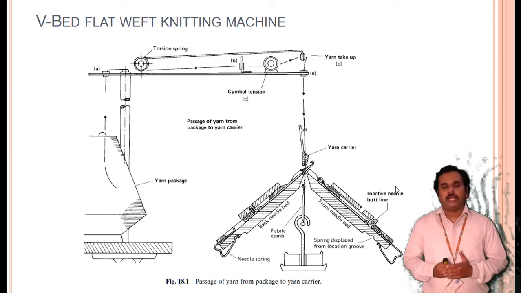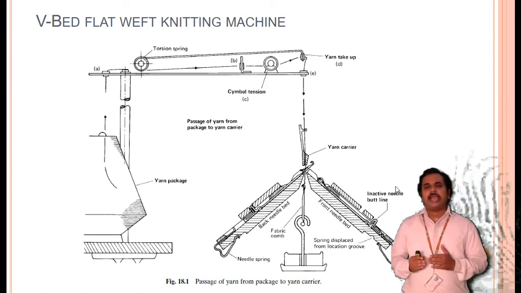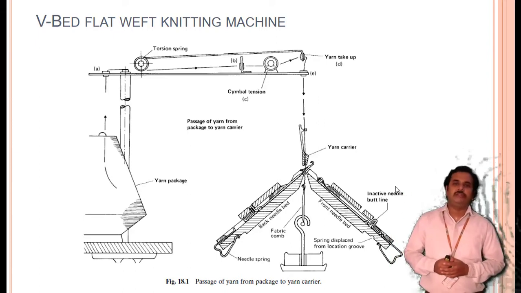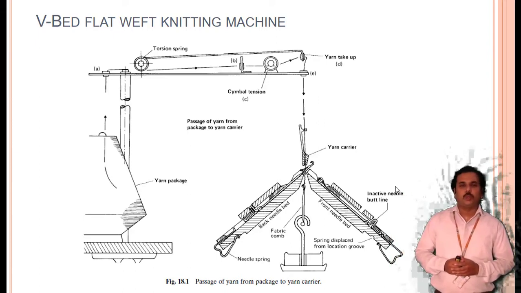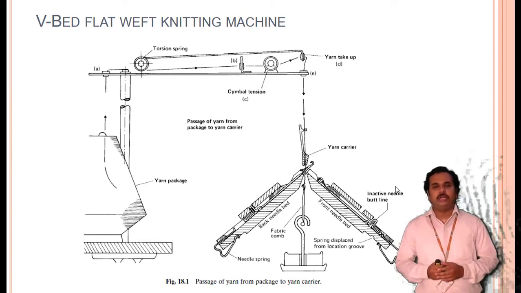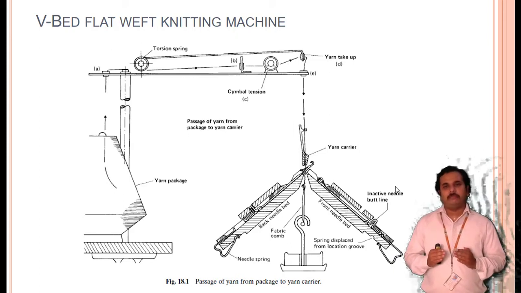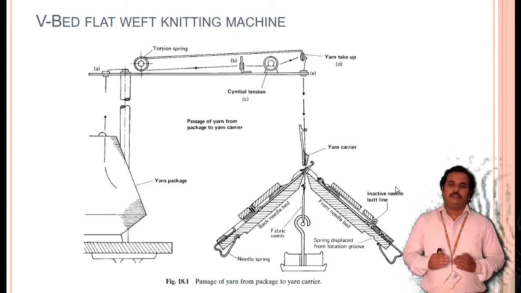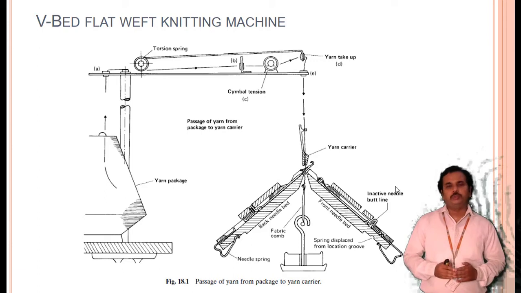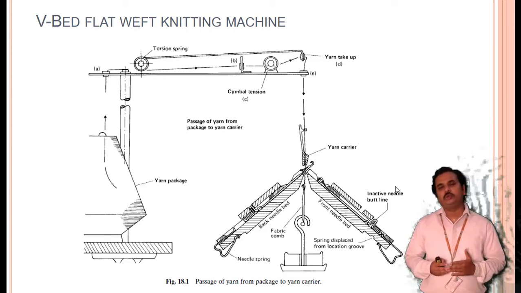These needle beds are arranged in such a manner that the angle between the two beds will be 90 degrees to 104 degrees. So the angle between the two flat beds is 90 to 104 degrees.